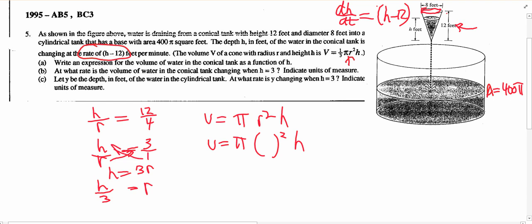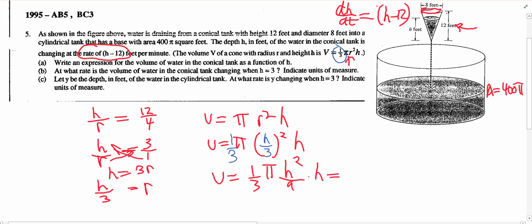So I'm going to put in my h over 3 right here, and I sure did almost make a mistake, didn't I? There's also a 1/3 in that formula, right? We're dealing with the cone. So if you rewrite this formula, you get volume equals 1/3 pi h squared over 9 times another h.